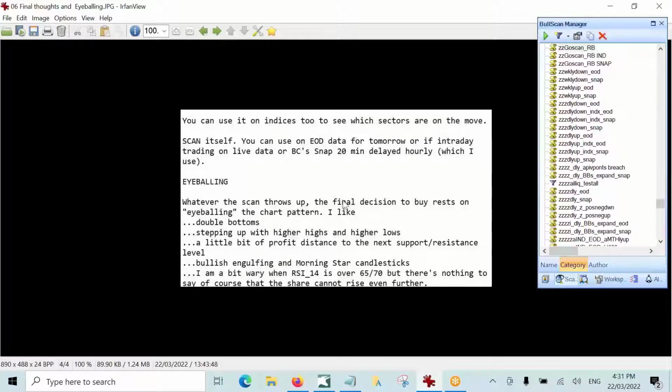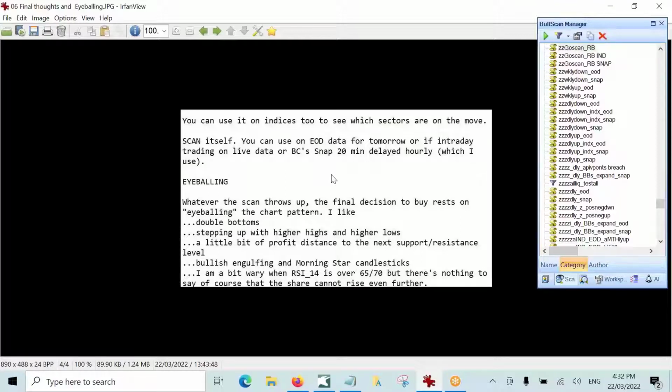It's sort of similar to a do-it-yourself market map, which may indicate where all the action is that day. You can use the scan on end of day data for tomorrow's market, or intraday trading with live data, or BullCharts snap 20-minute delayed hourly data, which I use, which I love. And quite reasonably priced too.